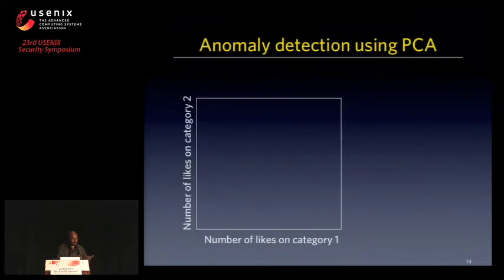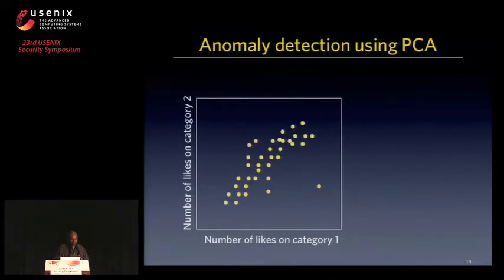PCA, or principal component analysis, is a statistical technique to find patterns in high dimensional data. So we use PCA to do anomaly detection. I'll try to illustrate how this works with a very simple example where we define user behavior in 2 dimensions, which is the number of likes over 2 page categories, category 1 and category 2. Now let's put some users here.